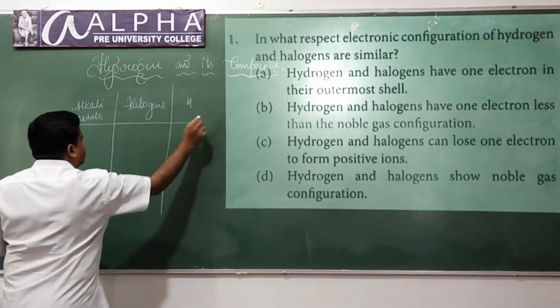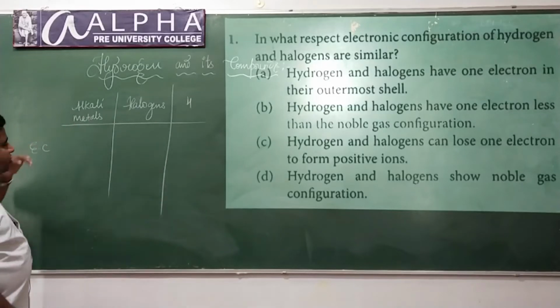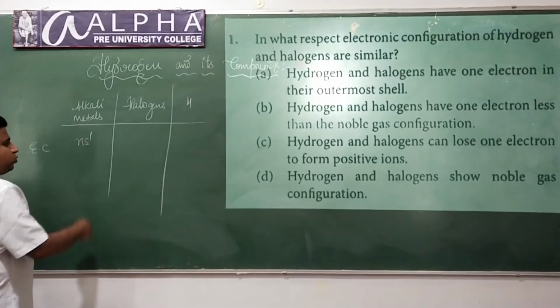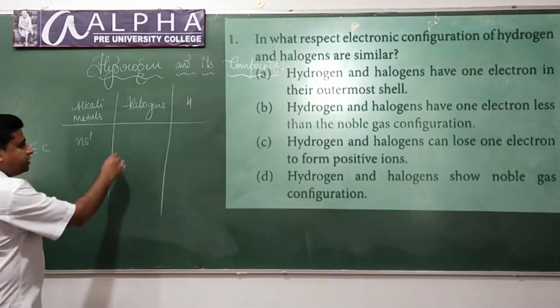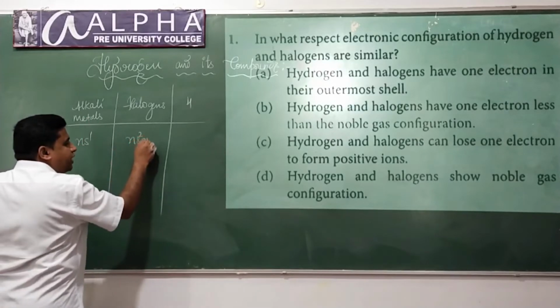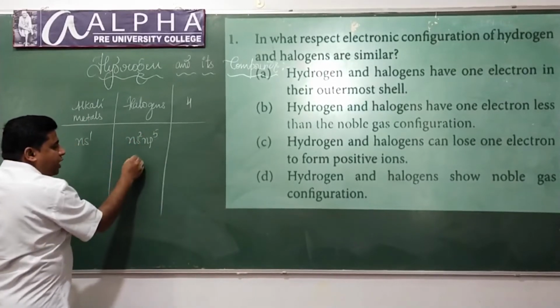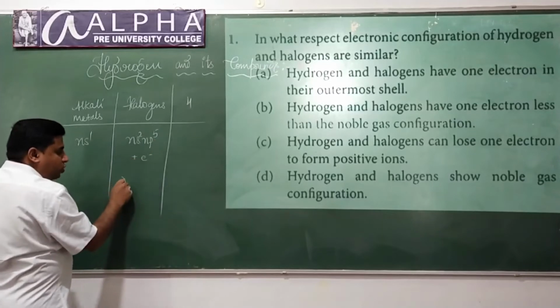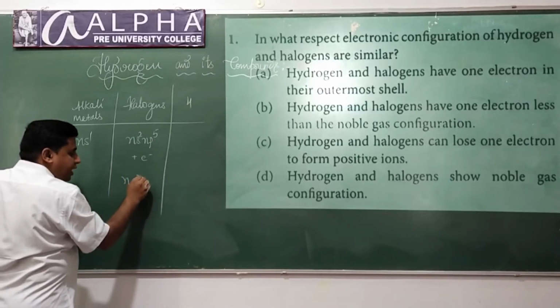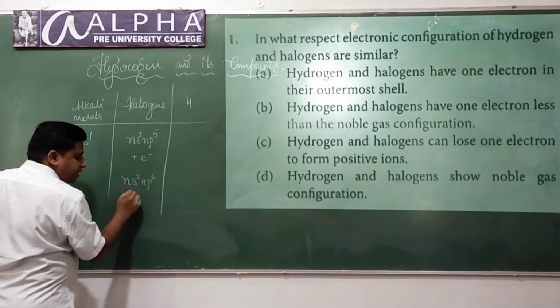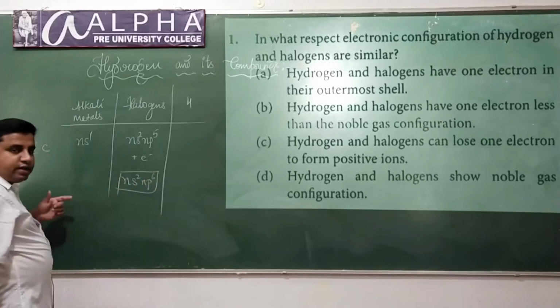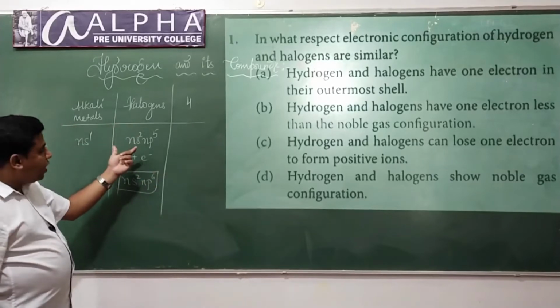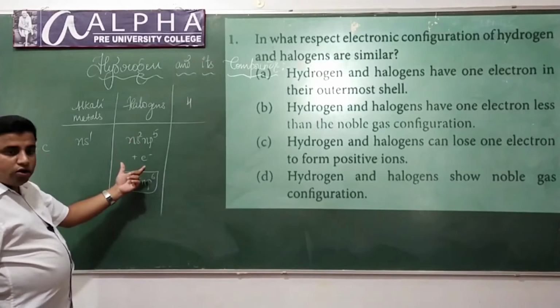What is the general electronic configuration of alkali metals? ns1. And how about halogens? It is ns2 np5. They require one electron to complete their octet and attain noble gas configuration, isn't it? Halogens require just one electron to complete their octet.